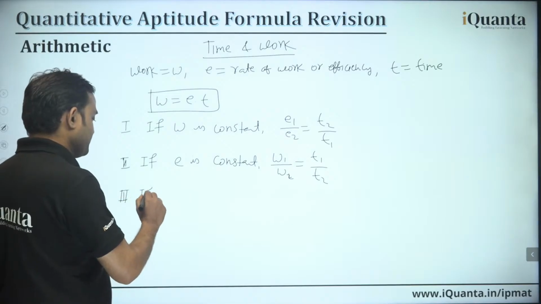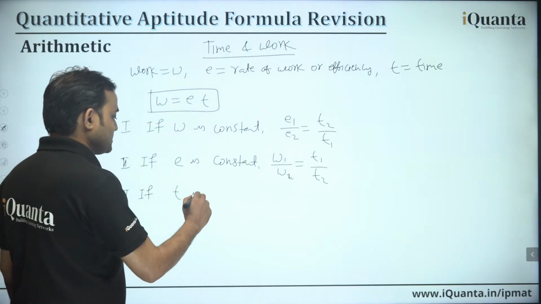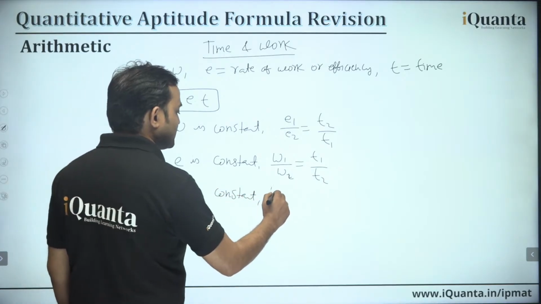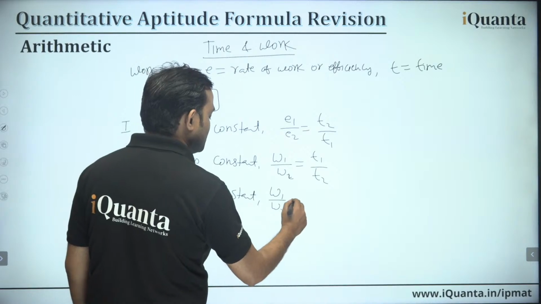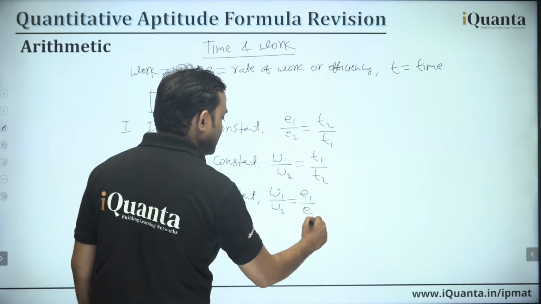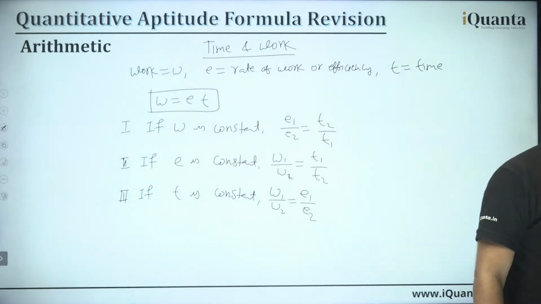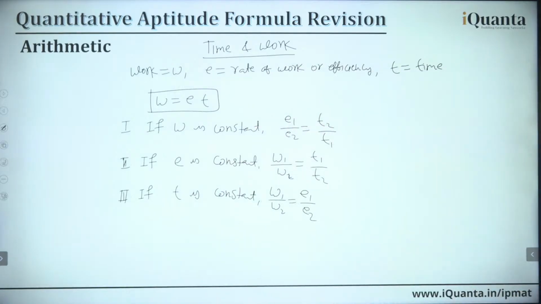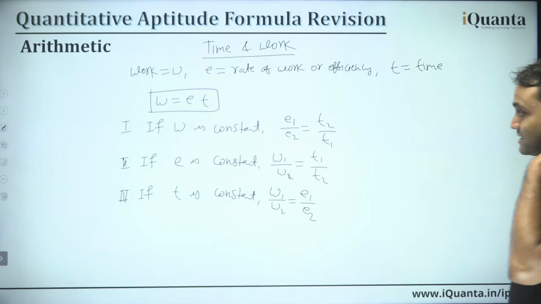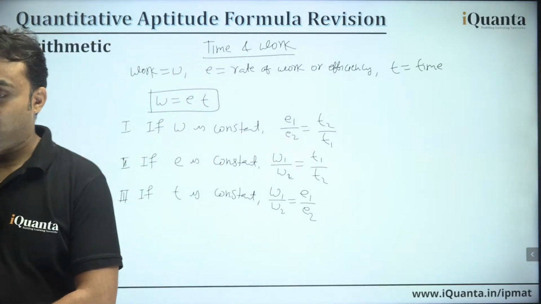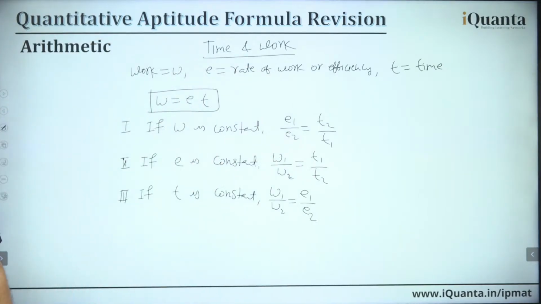And if T is constant, then we can say W1 by W2 will be equal to E1 by E2. So this is the relation between work, efficiency and time in different scenarios.